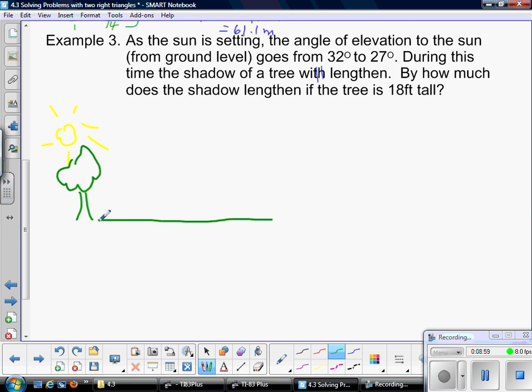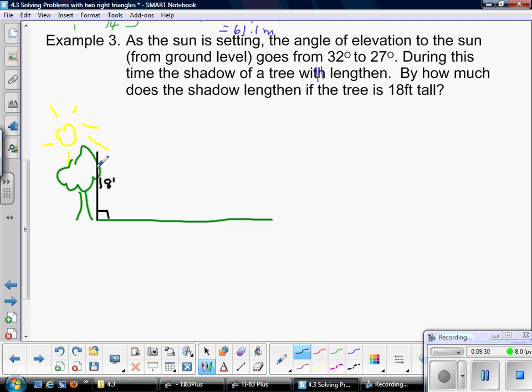So what's happening here is I do have a right angle triangle as much as possible with a tree. Okay, I know that that tree is, according to this, 18 feet tall. So I can put 18 in that location. So this is 18 feet.